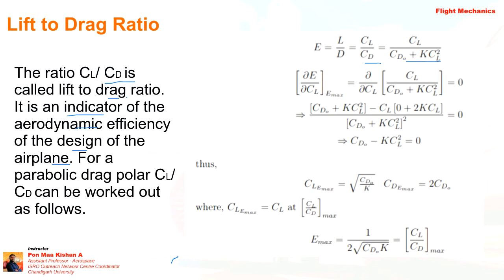For parabolic drag polar, CL by CD can be worked out as follows. Here we are taking the slope of the curve on the CL versus CD graph.